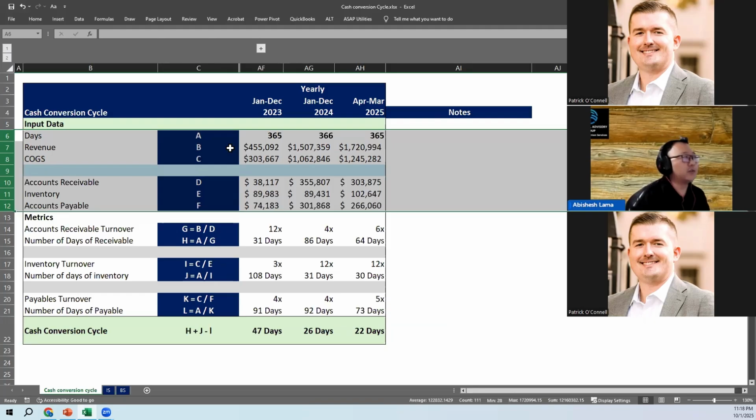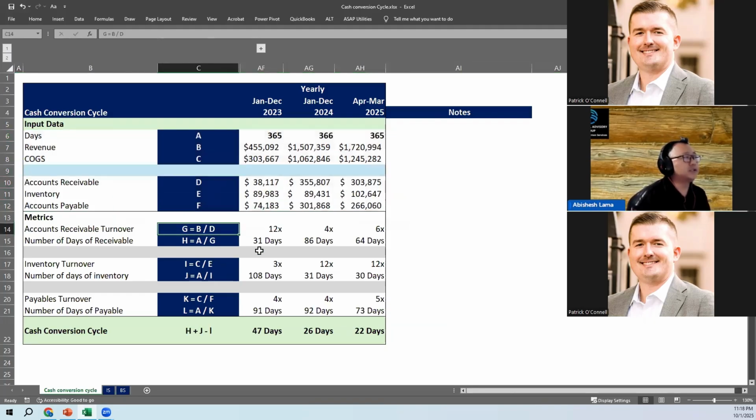If you remember from our first slide, cash conversion cycle includes DSO, days sales outstanding, which relates to AR, days inventory outstanding, which relates to inventory, and days payable outstanding, DPO.